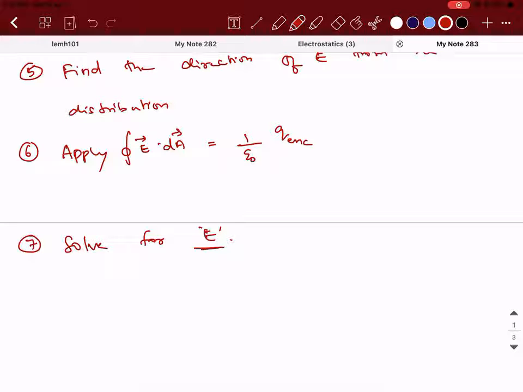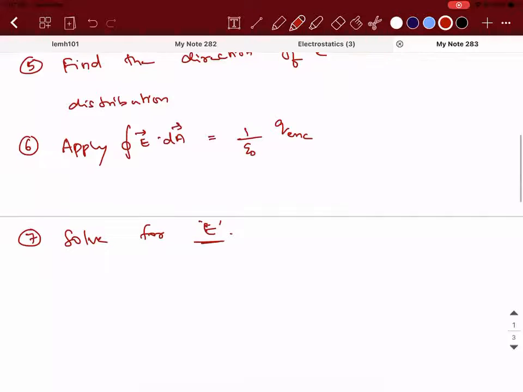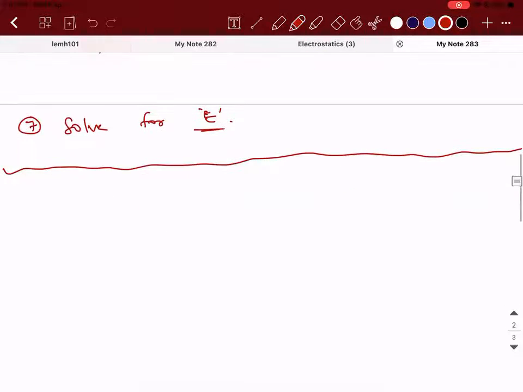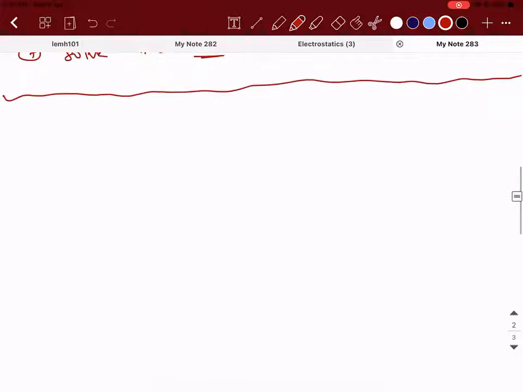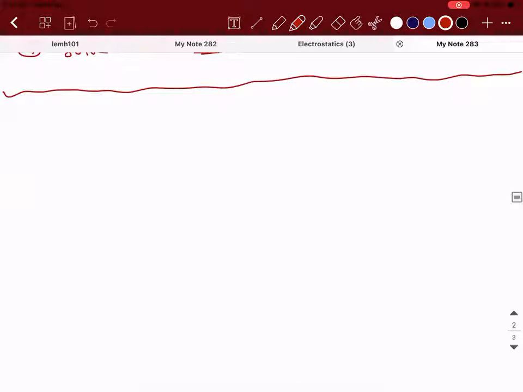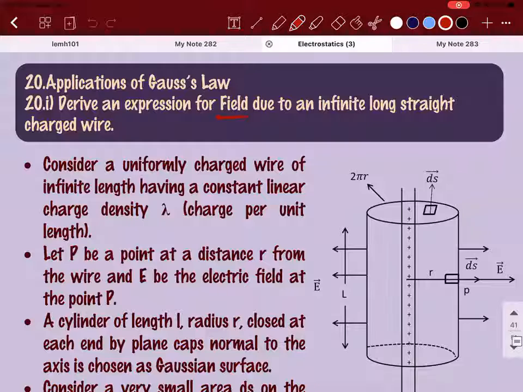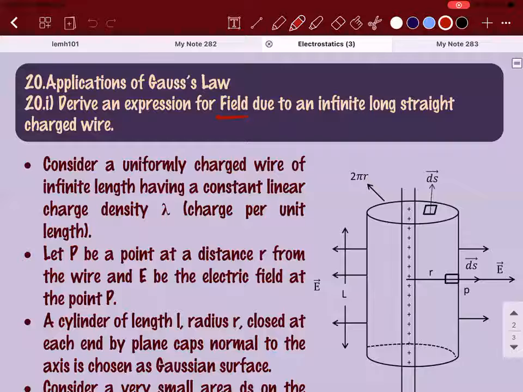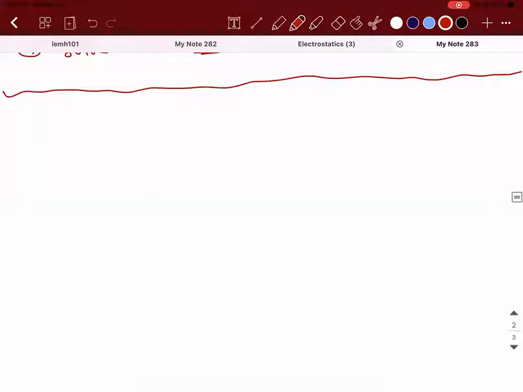Okay, having all these points in mind, we will derive the electric field due to a linear charge distribution using Gauss law. But before that, I need to tell you about the charge distribution.